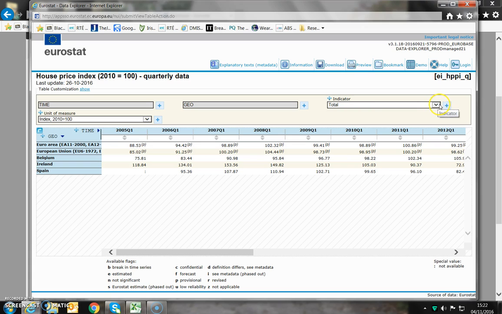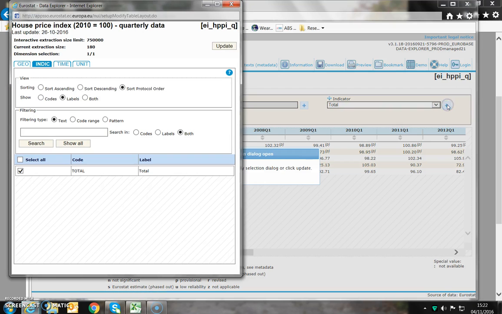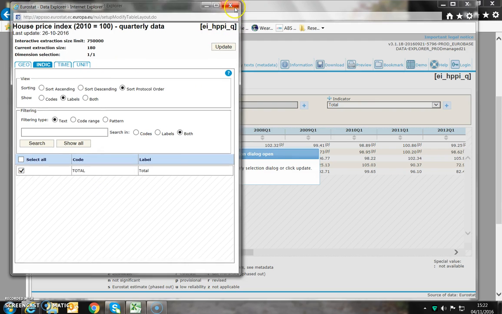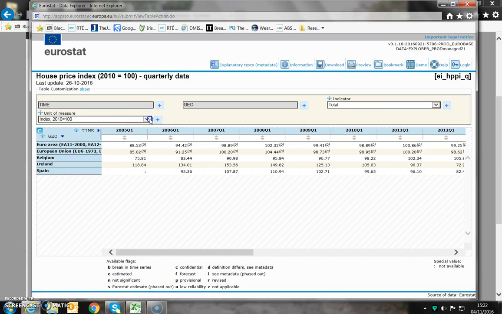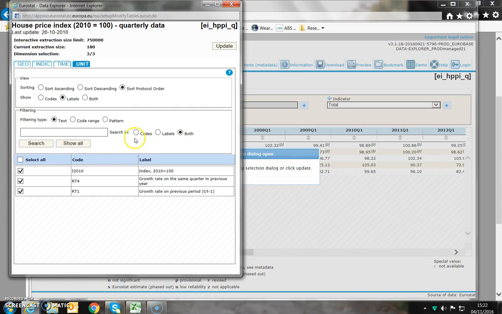We have a look at total, not sure what we have there. We'll explore. We can only look at total, there's nothing we can do with that. That's fine. Growth rate on same quarter and previous year, so we could do that. Let's have a look there, see what we can do. Growth rate on same quarter and previous year.